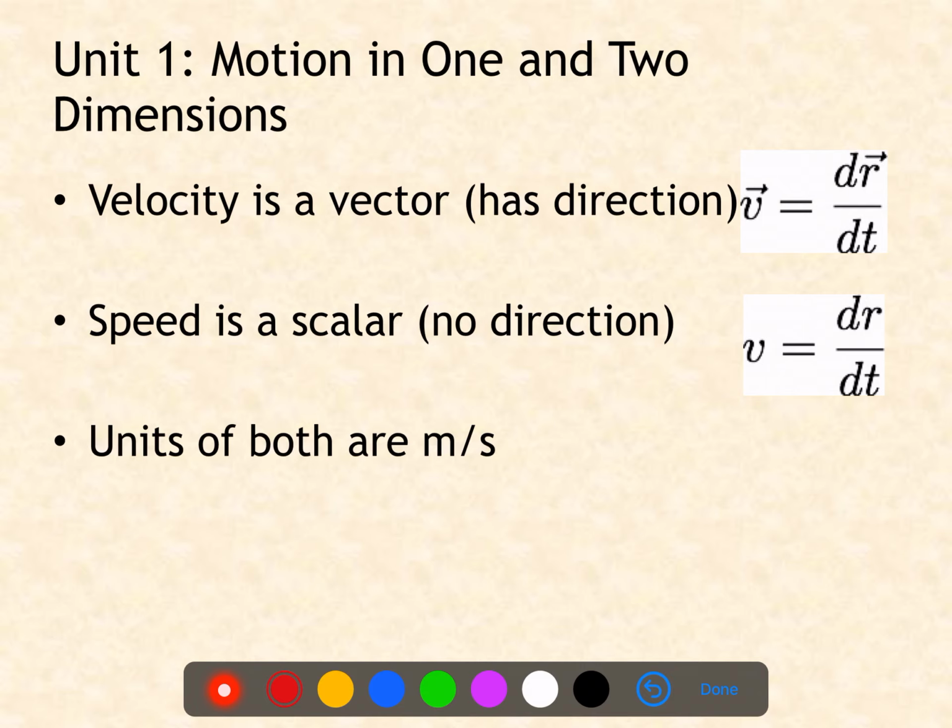So similar to this discussion of distance and displacement, velocity and speed likewise are vector and scalar respectively, where speed, the scalar quantity, is effectively the magnitude of the velocity. And symbolically, we define these quantities as being the time derivative of your displacement vector.